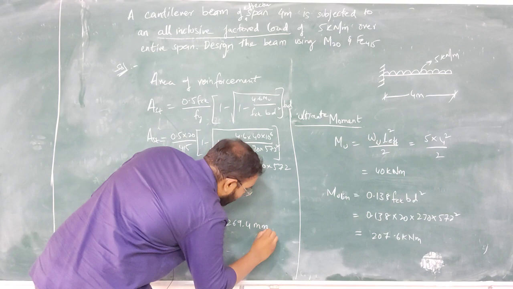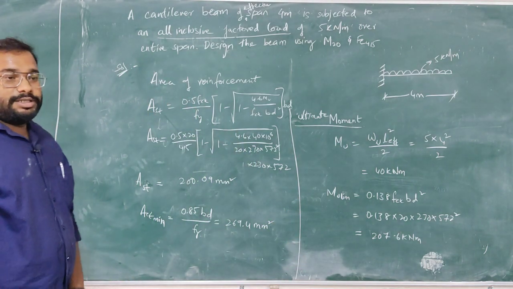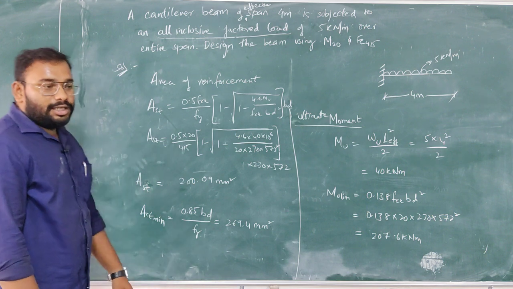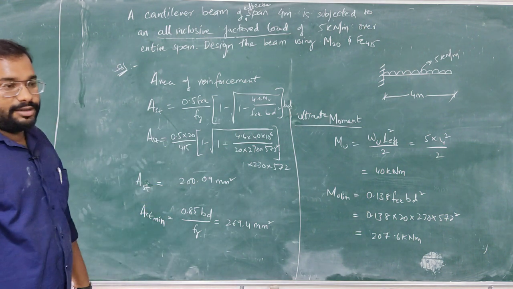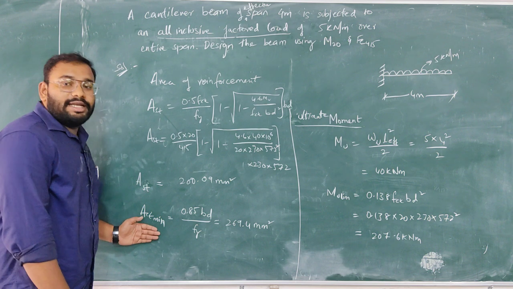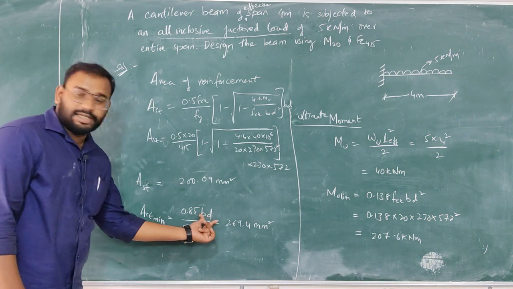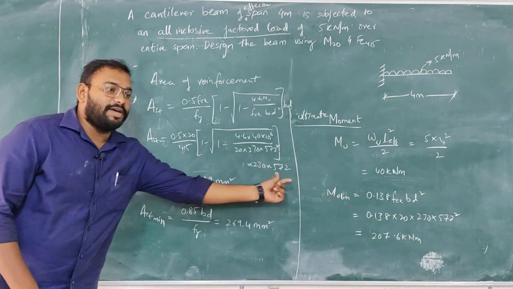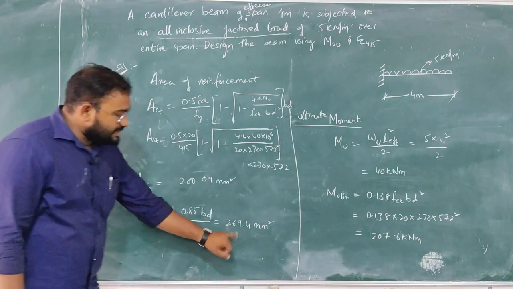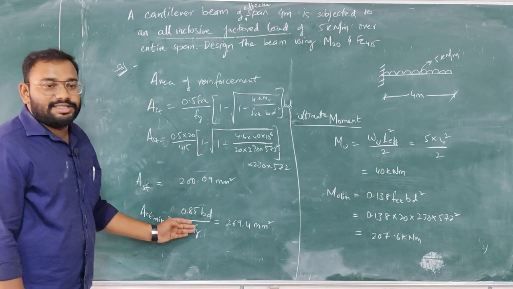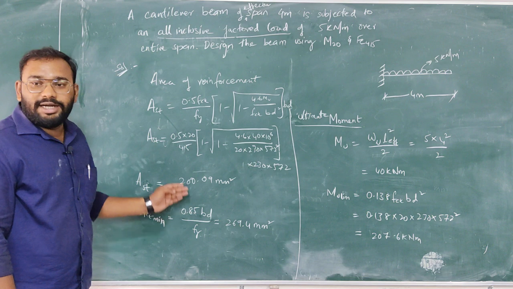269.4 mm square. Just see here what is happening. Because of 40 kilonewton meter, you are getting a reinforcement of 200. But what does this mean? This is the least reinforcement to be provided for this cross section. For a cross section of 230 by 572, you need to provide at least this much amount of reinforcement. So always remember, provide greater of the two.